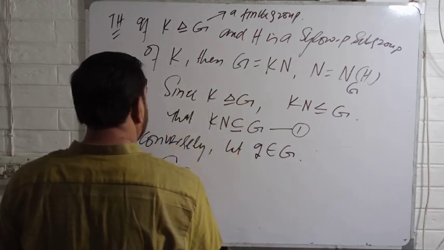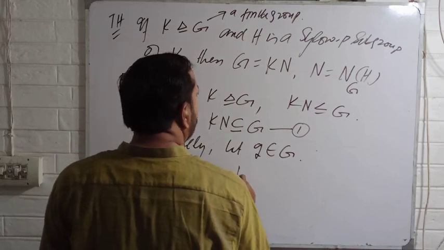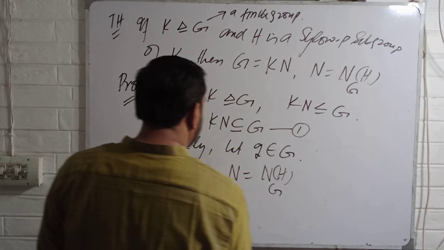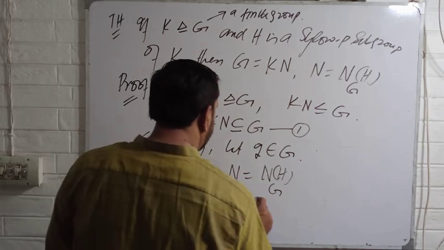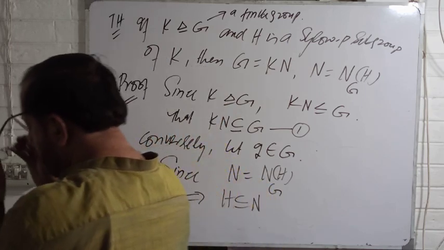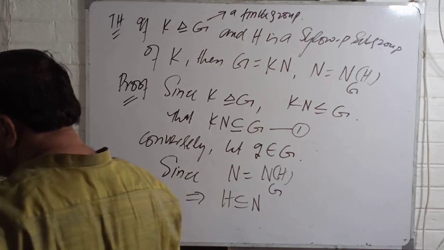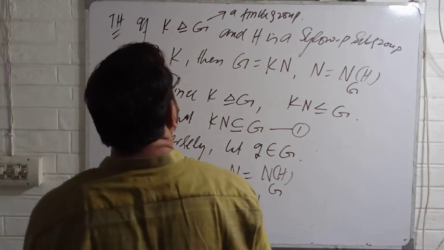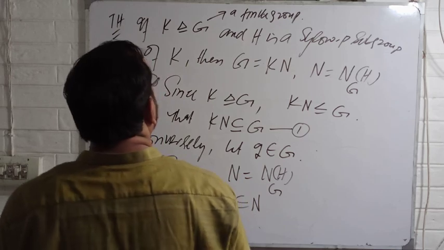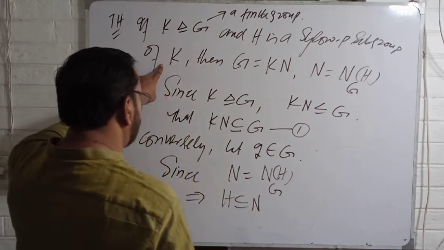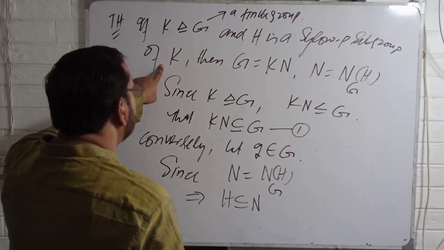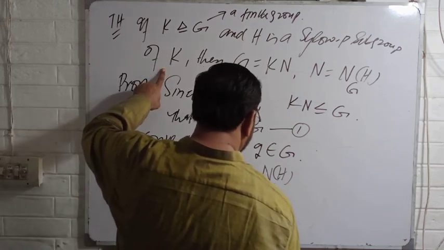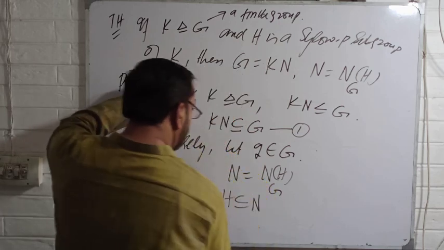Since N is the normalizer of H in G, this implies H is contained in capital N, right? And H is a Sylow P subgroup of K, number one.